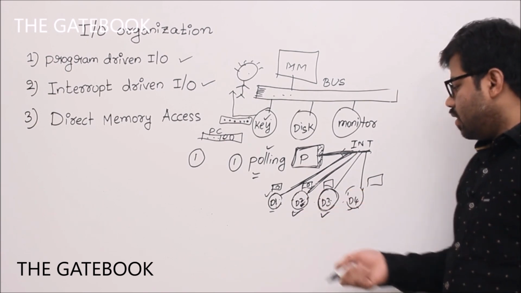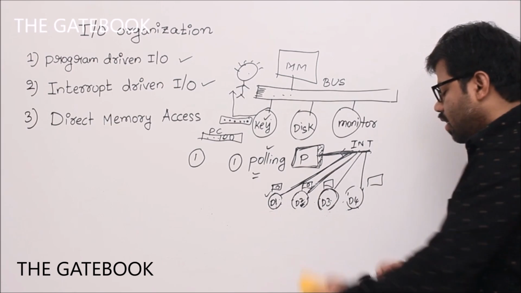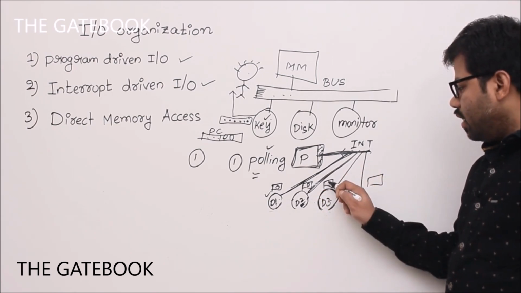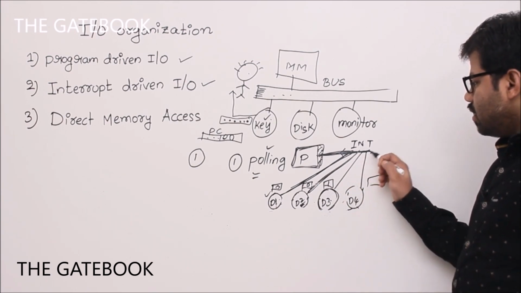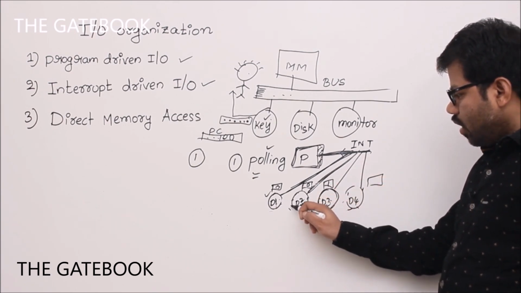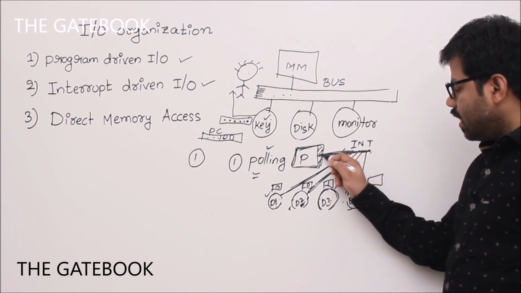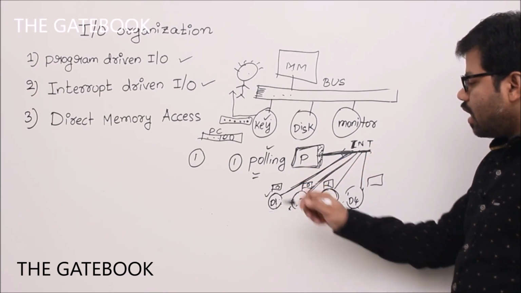Sir, then we have a question, because both D2 and D3 created an interrupt, right? Then you only serve D2, but D3's bit will still be 1, right? So after serving D2, the processor still will have this interrupt signal high, so the processor will start polling again.